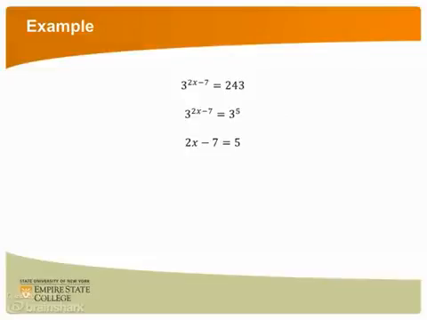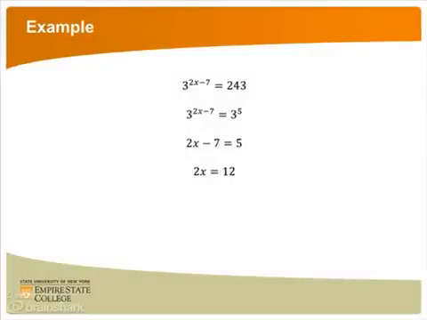By taking the base 3 logarithm of both sides of the equation, we are able to set the two exponents equal to each other. So we have 2x minus 7 equals 5. Adding 7 to both sides, we are left with 2x equals 12. Dividing by 2, we find that x equals 6.